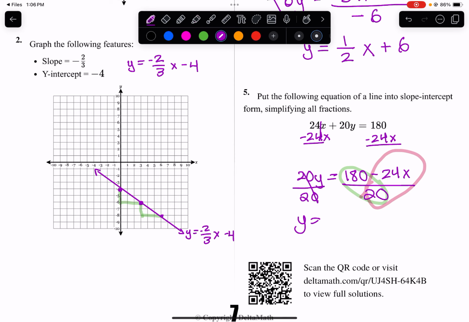So if we do 180 divided by 20, we get 9. And when we do 24 divided by 20, if you're doing it in simplest form, it gives you 6 over 5.